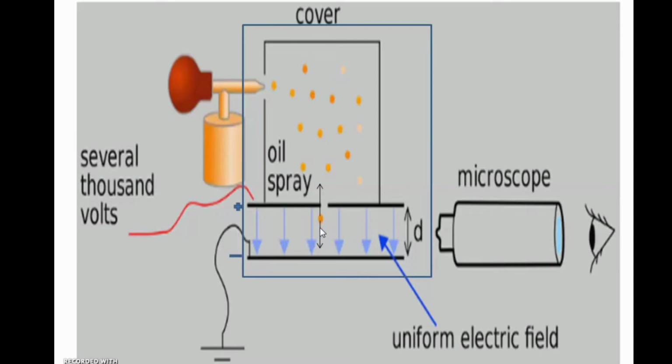The first force, which is equal to its weight, is acting downward, while the second force is electrostatic force. Since the oil drop is negatively charged, due to the electrostatic force which is acting in the upward direction, the oil drop is suspended. At this situation, the weight and the electrostatic force are equal.